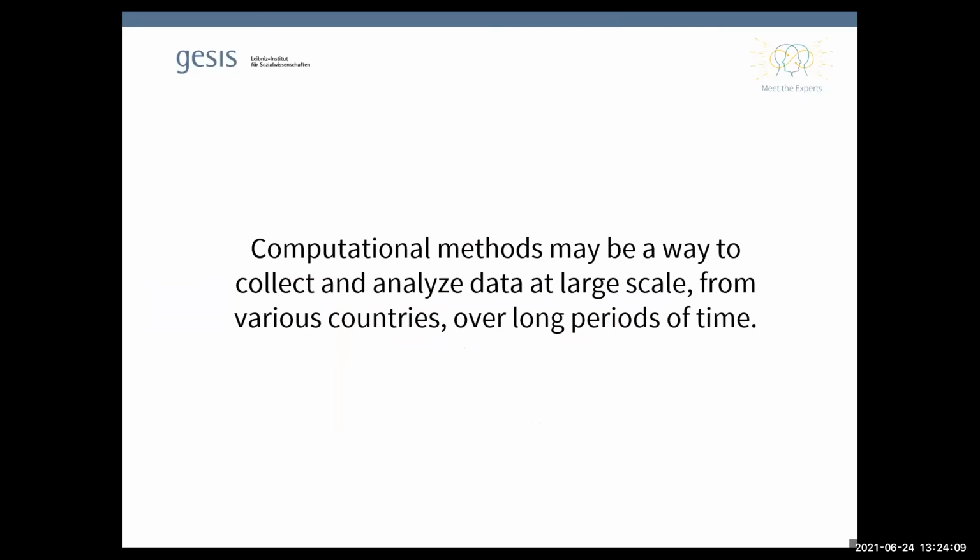So far we've talked a lot about the data perspective, what kind of data might be useful.